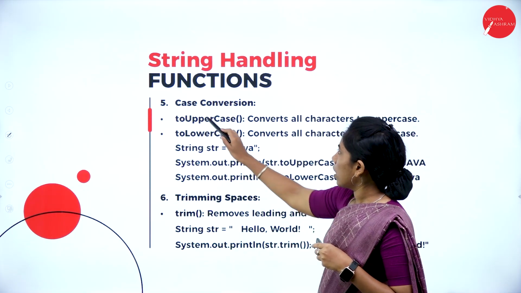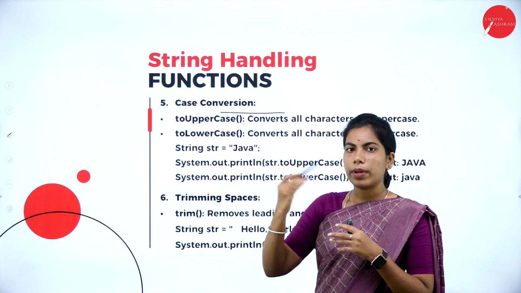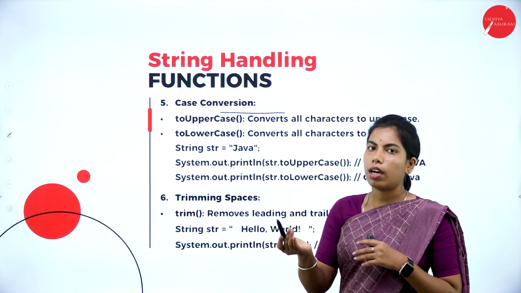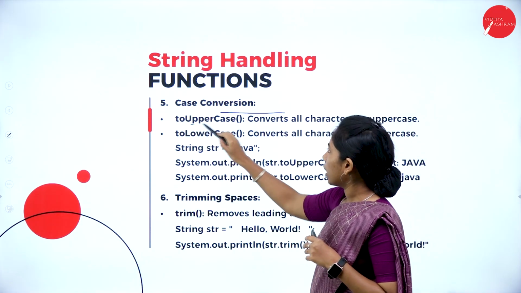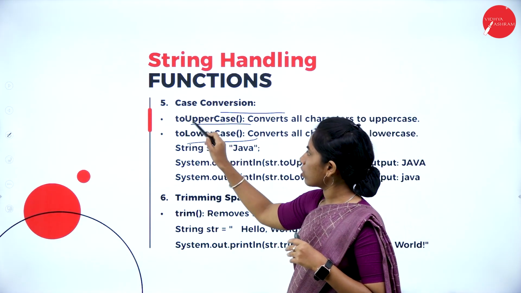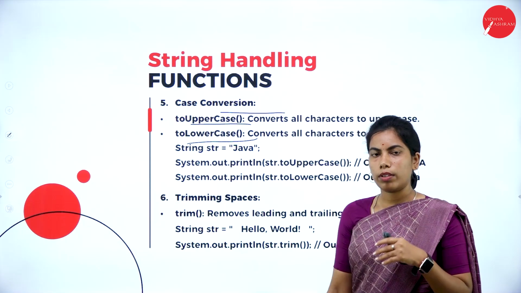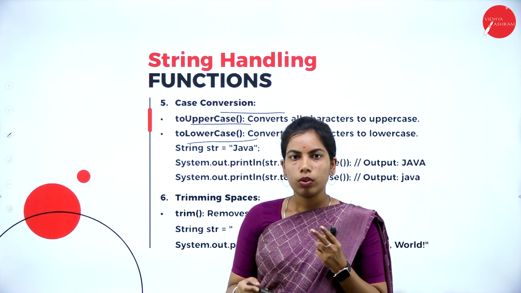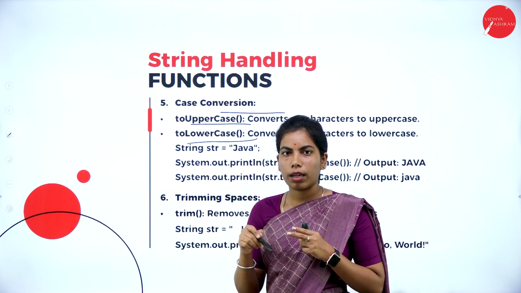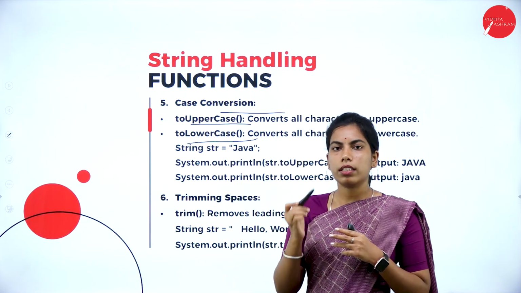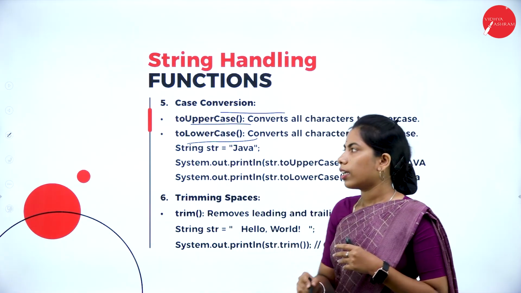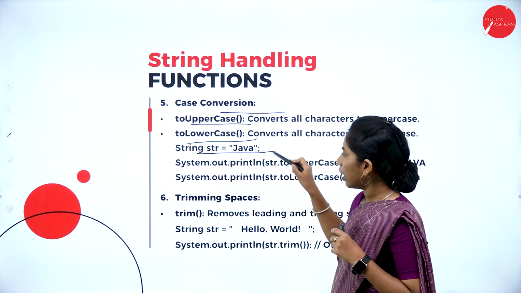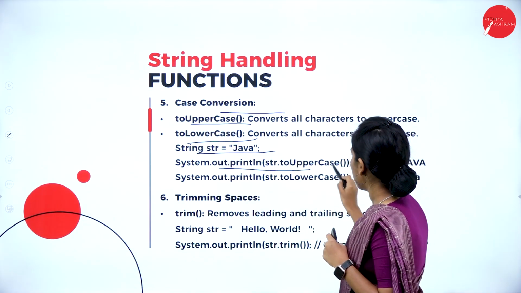And next we can see case conversion, uppercase to lowercase or lowercase to uppercase: toUpperCase and toLowerCase. The first word should be in small letters, and from the second word the starting letter should be capital, because when I declare a function it has two words. Declare one string and call toUpperCase.